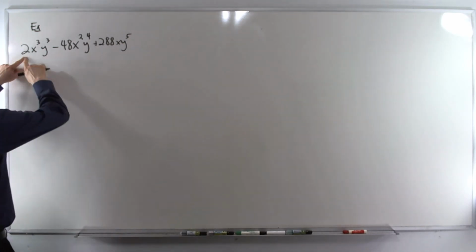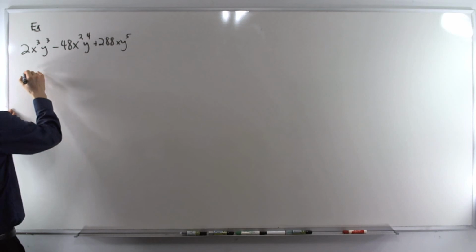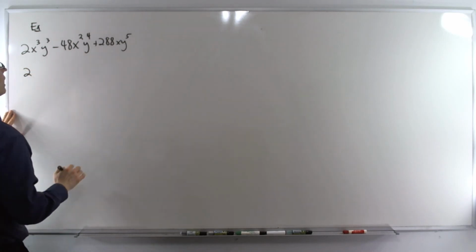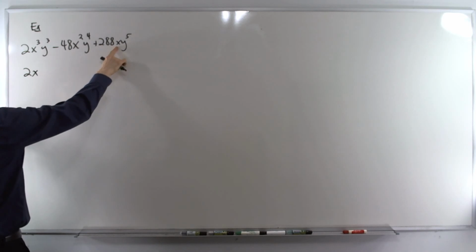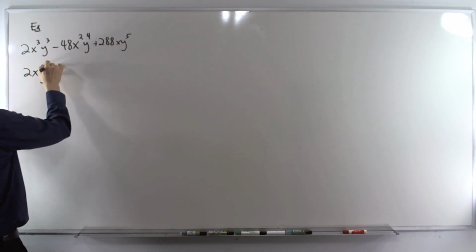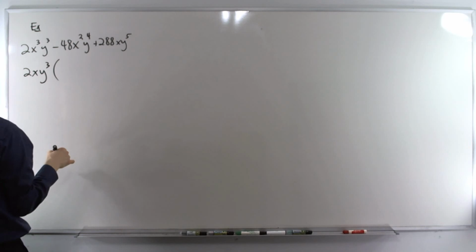Of the three coefficients, the greatest common factor is 2. And if we look at each of the variables, the smallest exponent is 1 on the x and 3 on the y. So we're going to factor out 2x y to the third.